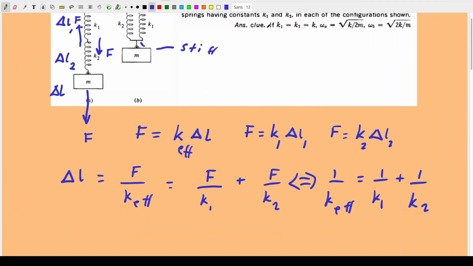And here he says, let's check it. If K1 equal K2 equal K, what do you get? So in that case, you would get this. Kf equal 1 over K plus 1 over K. So 2 over K. So that is Kf equal K half.